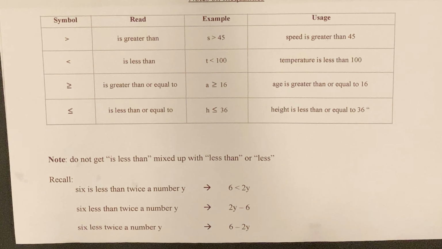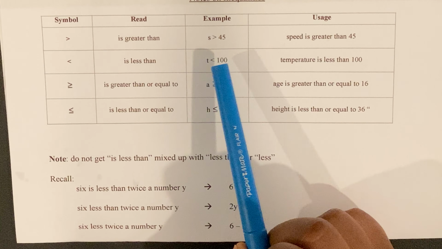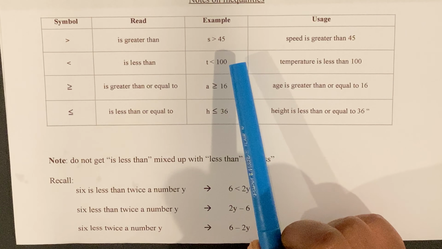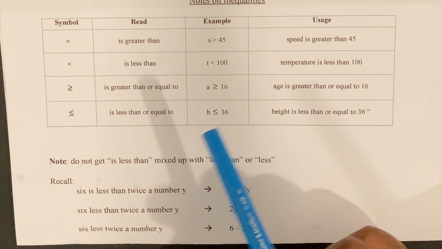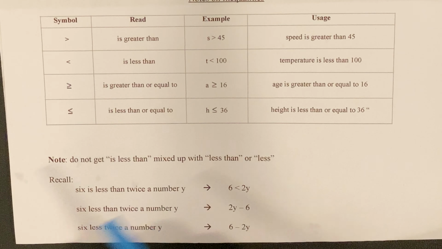When we're talking about inequalities, an inequality is something that can be the answer. So anything that can be the answer is going to be bigger than 45. Even if it's 45.1, it is still greater than 45, so it could still be an answer, and you have an infinite number of possibilities.